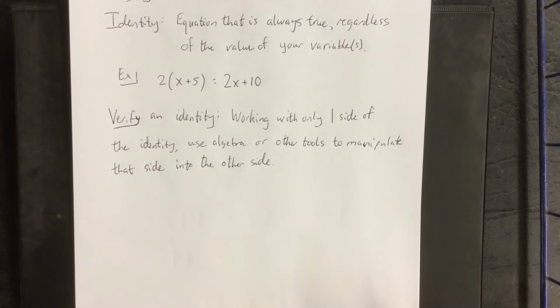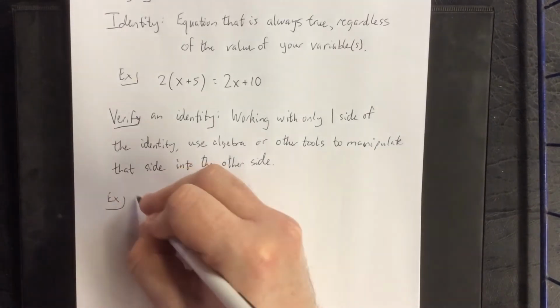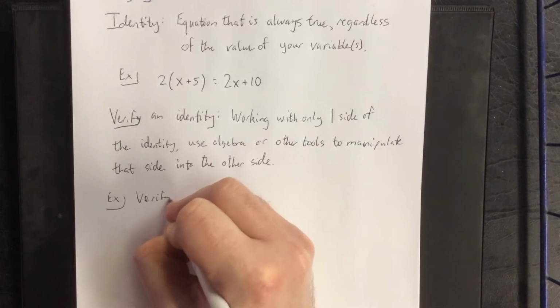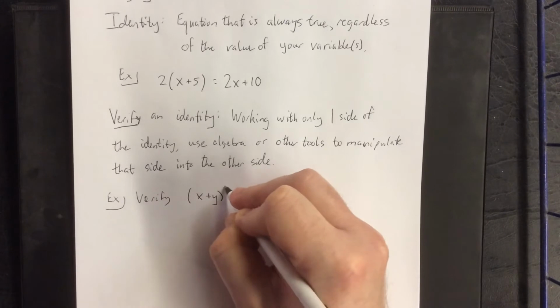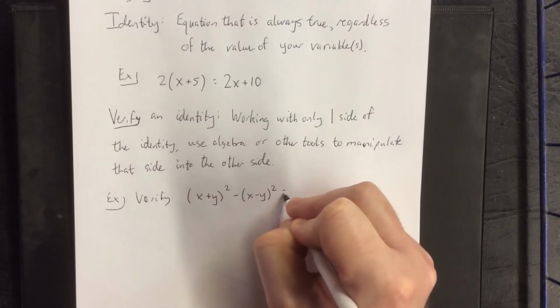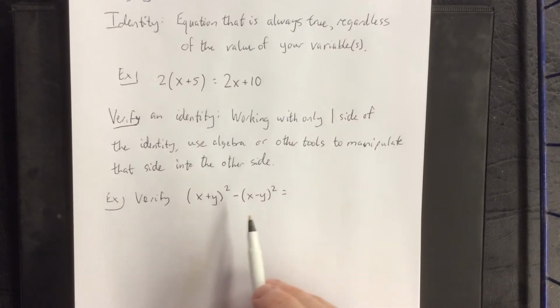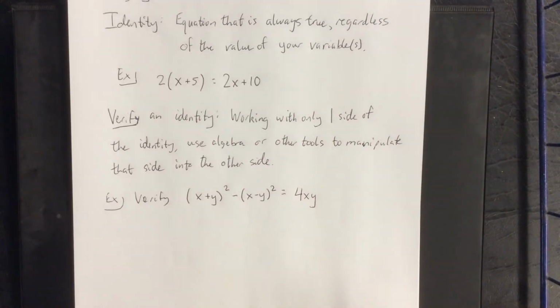To give you another example of an identity that we'll actually verify, I would like to verify the following identity. If I take two variables and I add them together and square them, and take the same two variables and subtract them and square that, and subtract the results, the result will always be equal to 4xy.